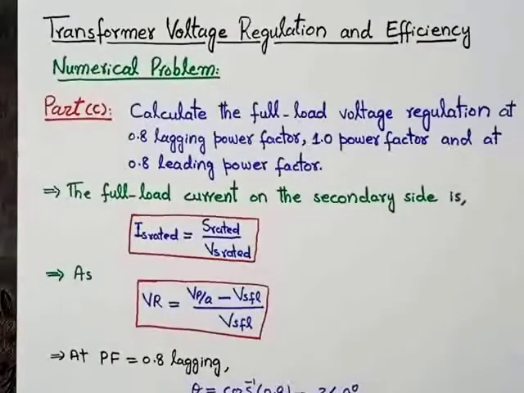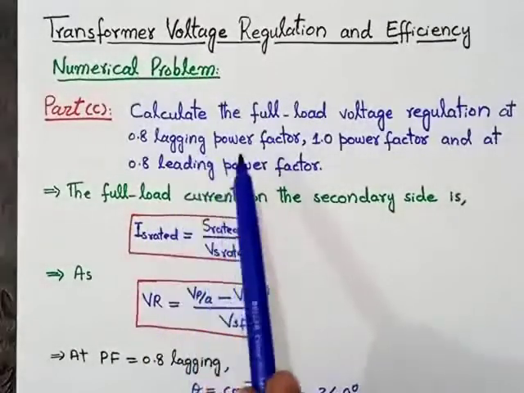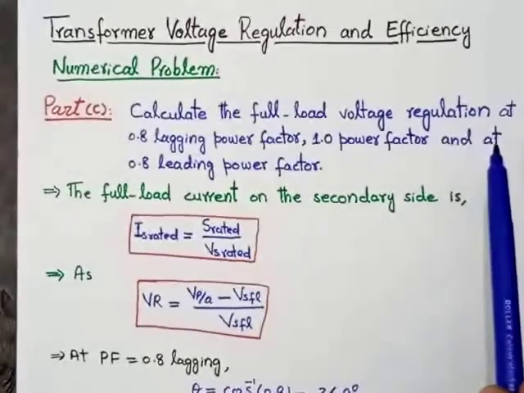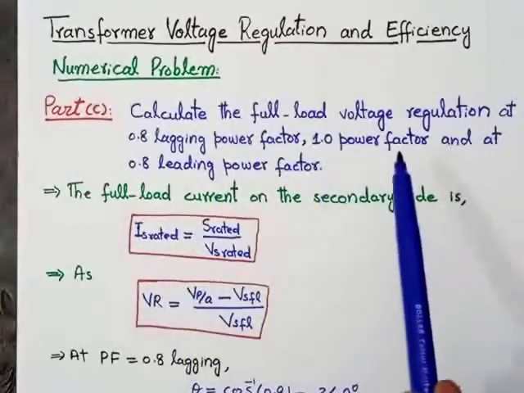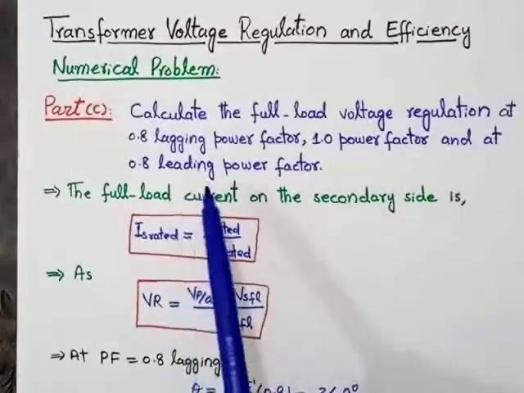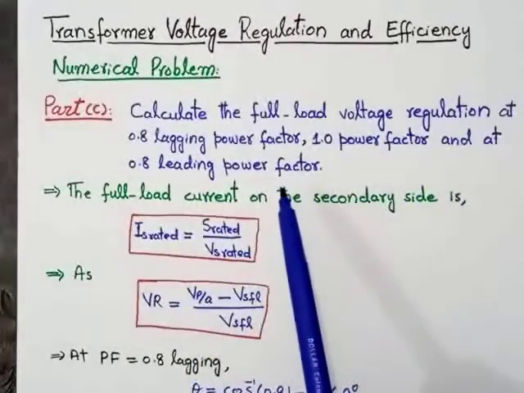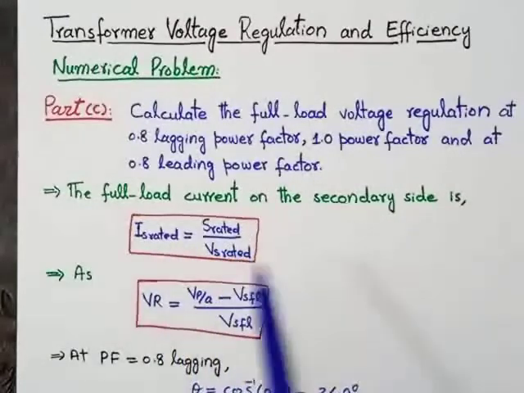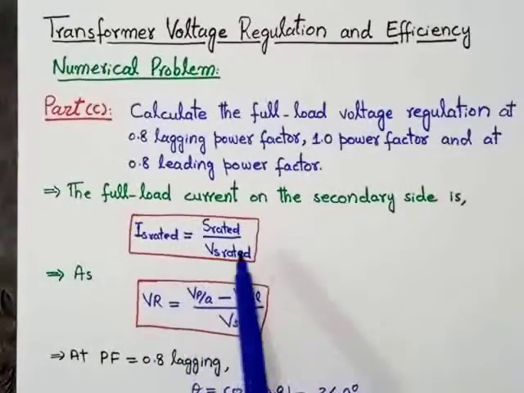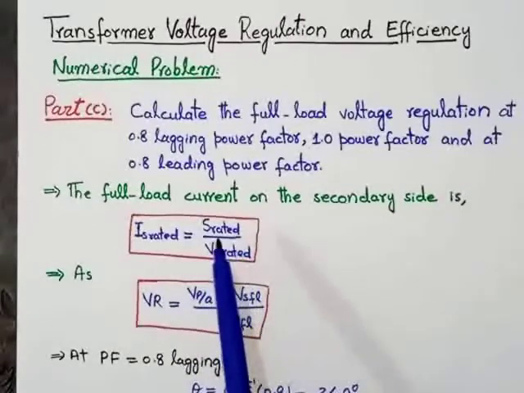Part C of the given numerical problem is to calculate the full load voltage regulation at 0.8 lagging power factor, unity power factor, and 0.8 leading power factor. As we know, the full load current on the secondary side, Is rated, is equal to apparent power rated divided by secondary voltage rated.